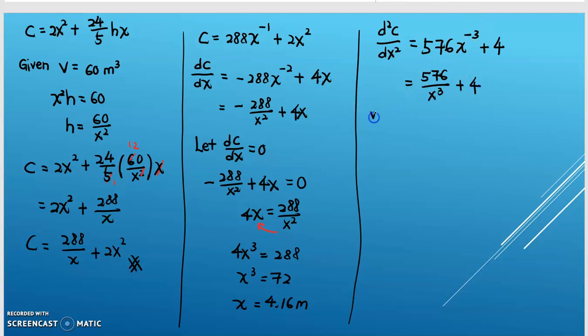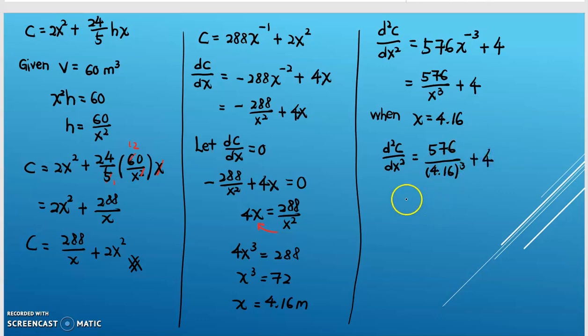So when x is equal to 4.16, my second derivative of C with respect to x will be equal to 576 divided by 4.16 to the power of 3 plus 4.